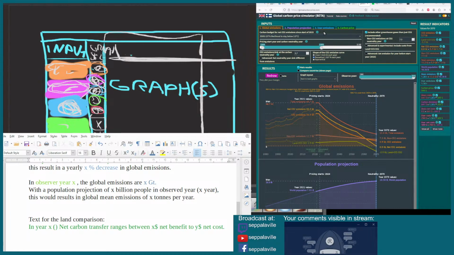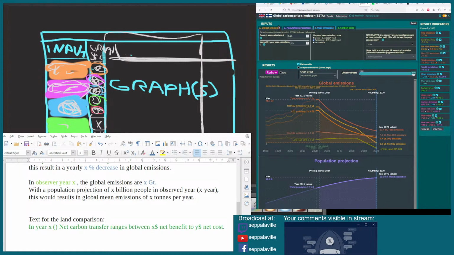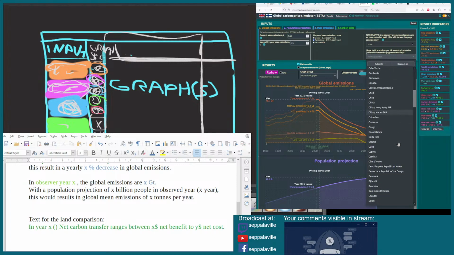One thing I want this page to show is, if you choose a specific country here, show indicators for that specific country.